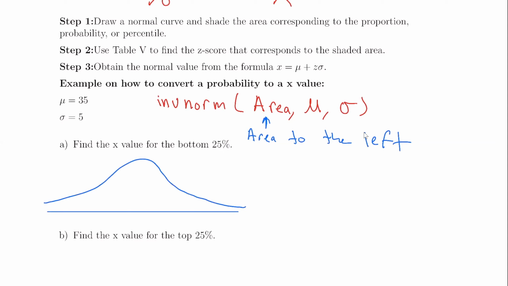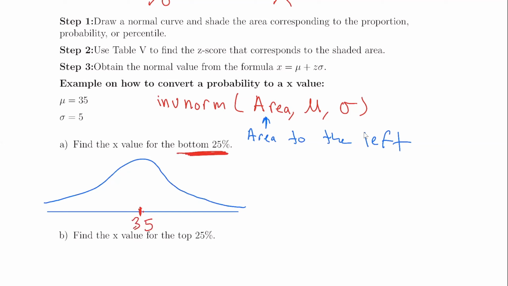All right. So you always want to go ahead and just put the mean. The mean is 35, so you put the mean pretty much in the middle. Up next, we want to do the bottom 25%.